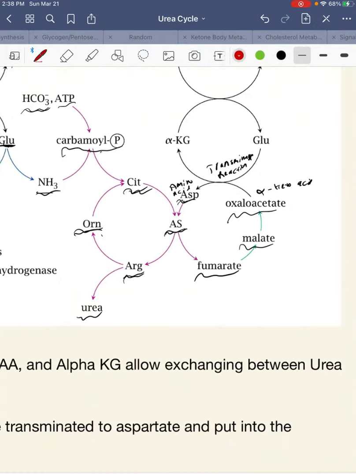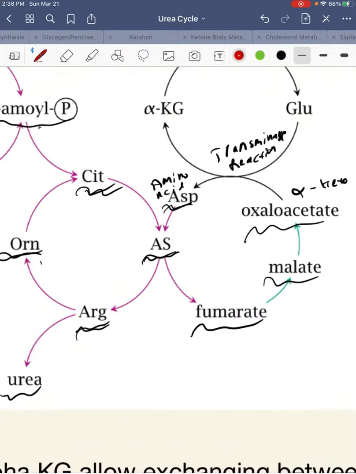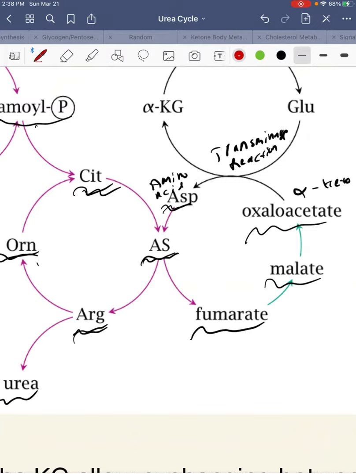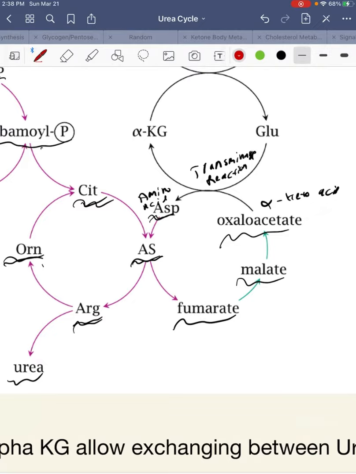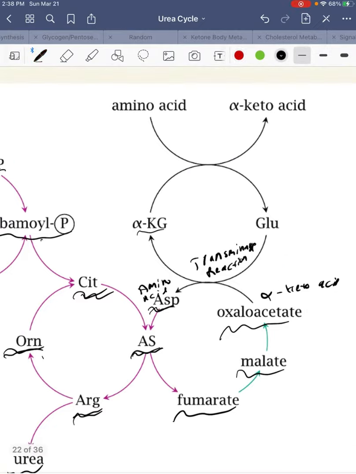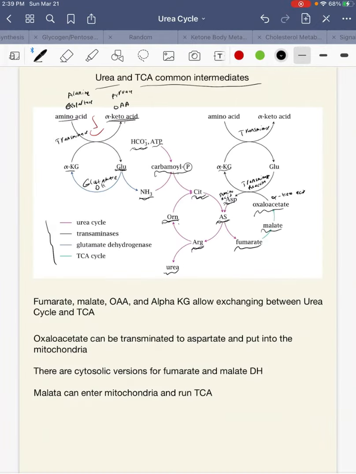So oxaloacetate is converted to aspartate. Aspartate can then continue the cycle. In that process, glutamate is converted to alpha-ketoglutarate, and then you can convert back using another transaminase up here. So with transaminase reactions, don't confuse them because they can run with whatever amino acids you're trying to use.